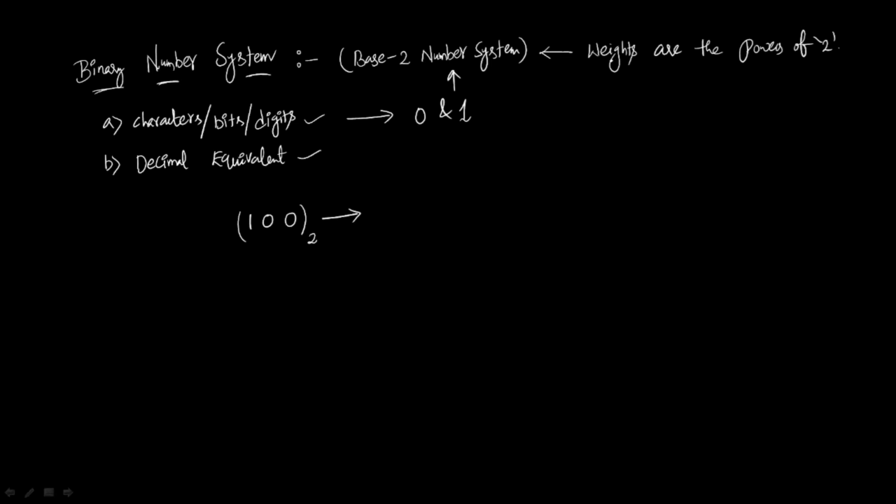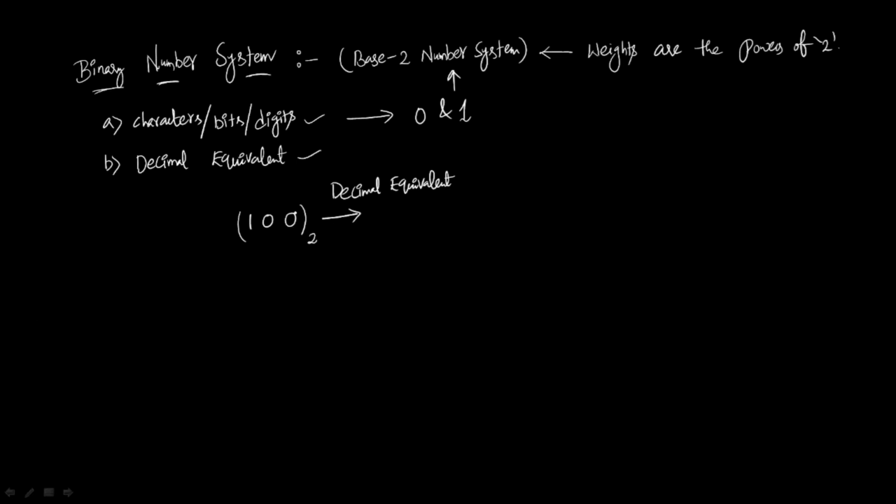Here we have said that weights are the powers of 2. Which power of 2 depends upon the position of the particular coefficient relative to the radix point. Now I am trying to find the decimal equivalent of the binary number 100. How can I find it?